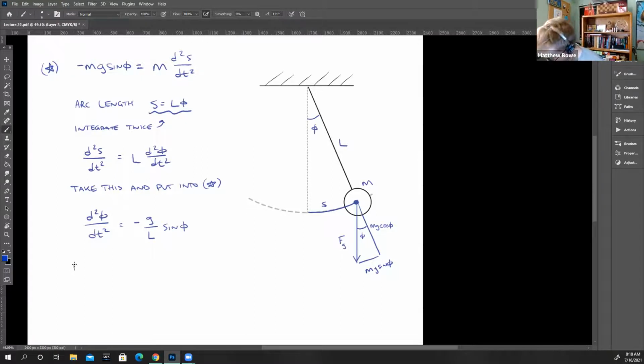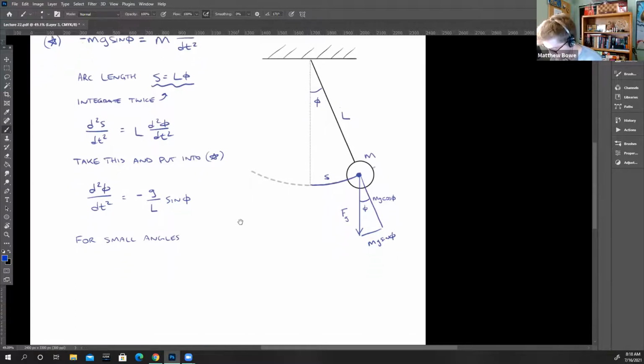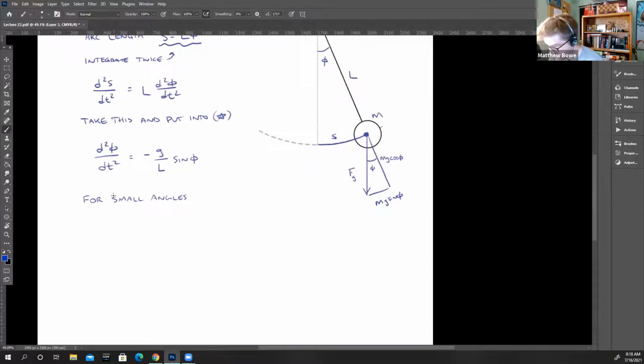So I'm just going to say for small angles, really why I'm doing this is because I just want to get rid of this. And how do I get rid of that? I can just say the sine of it is not there.